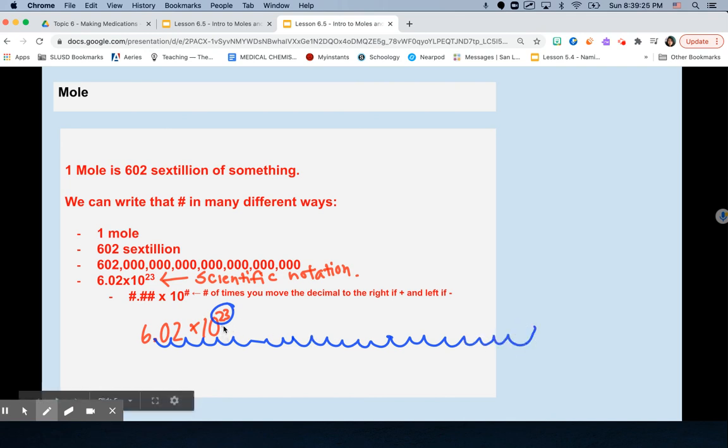All these blank spots, each curve represents a 0. And that's how I end up back at this number, 602 sextillion.